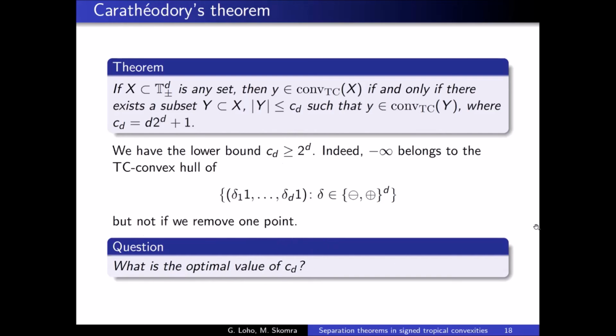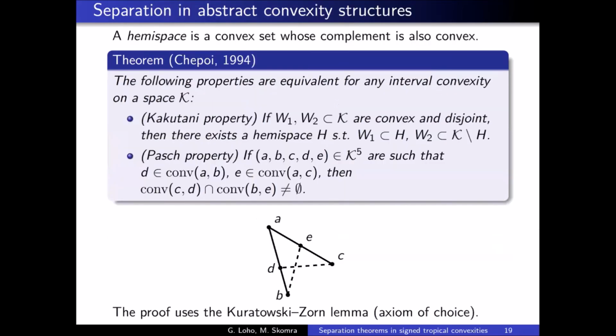Okay. In the last part of my presentation, I want to tell you about our remaining results about separation theorems. In order to analyze separation theorems in these convexities, we use an approach based on so-called abstract convexity structures. I don't have the time to present the full definition of an abstract convexity structure, but let me just mention that you can define a convexity on a space on which you don't have addition, multiplication, order, topology and things like that.